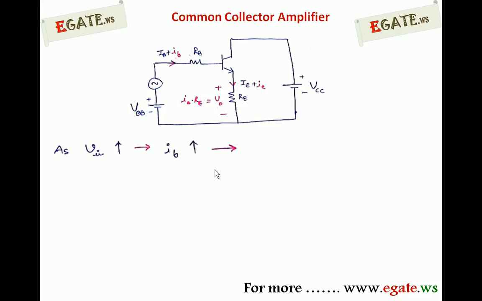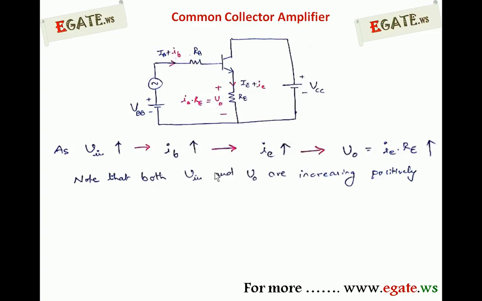Small ib increasing is nothing but small ie increasing, where small ie is 1 plus beta times ib. Whenever small ie increases, V naught, whose value is ie into RE, increases. If you observe, V naught and V input are both increasing positively, that is, both have the same polarity, so they are in phase.